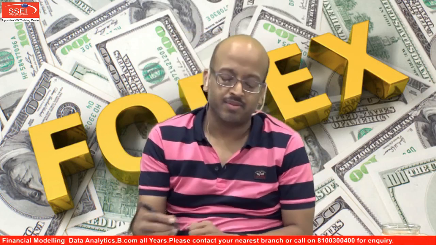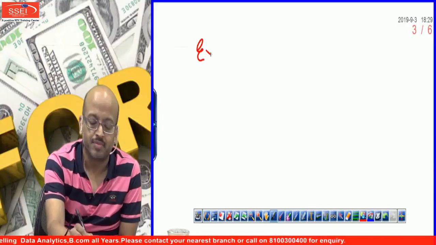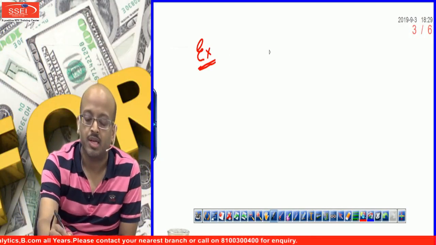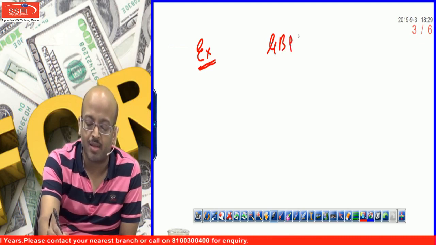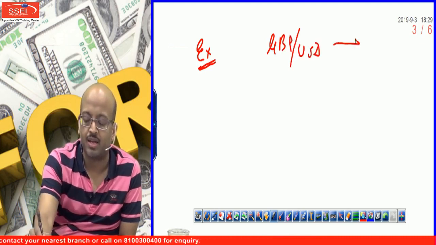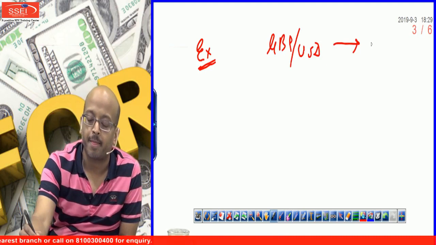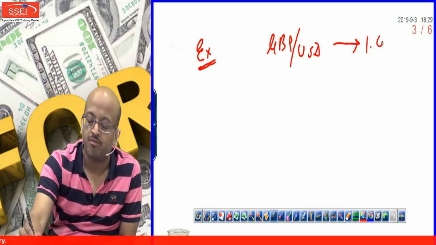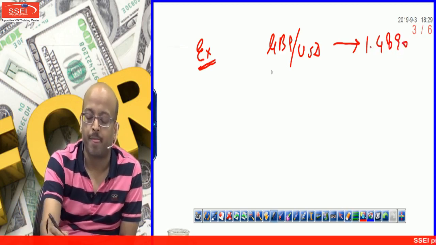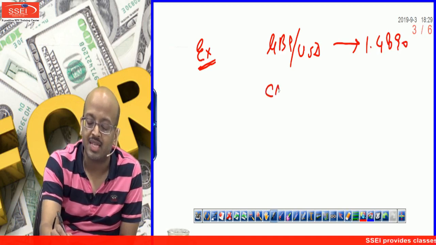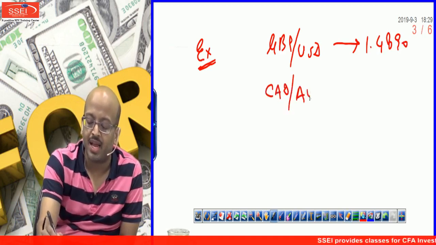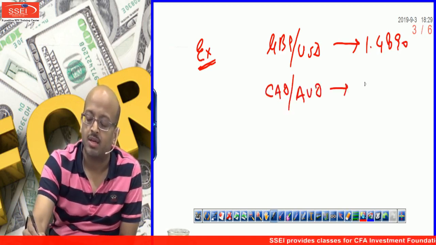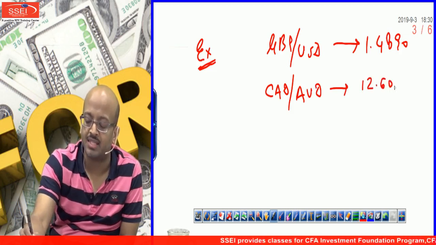Para change. Example. GBP per USD, dash, 1.4890. CAD per AUD, 12.6020.